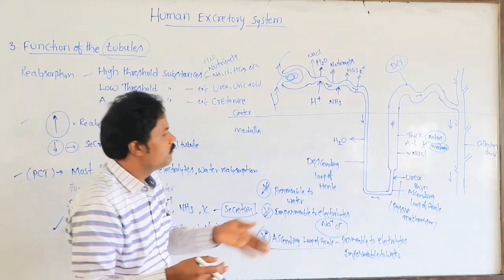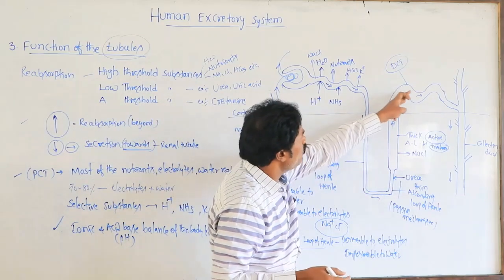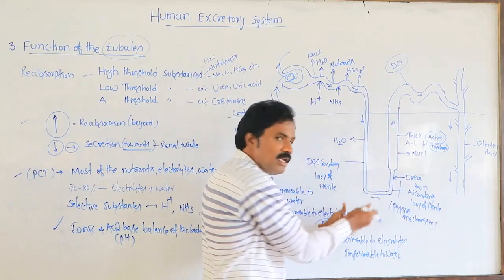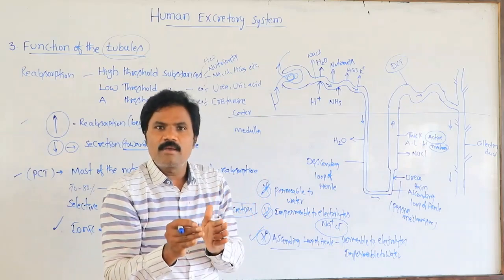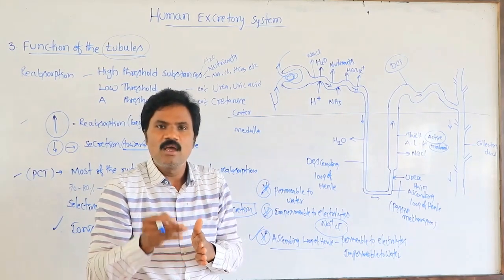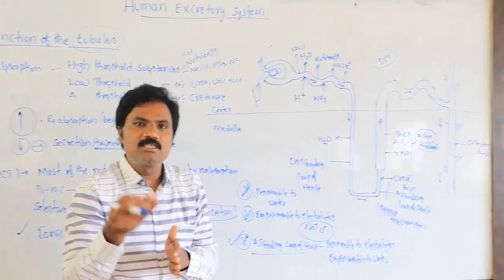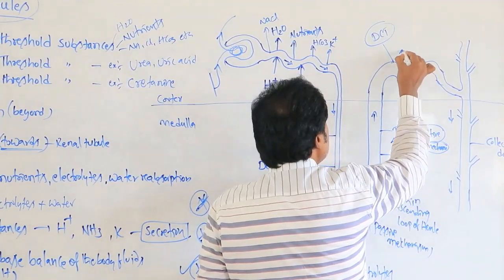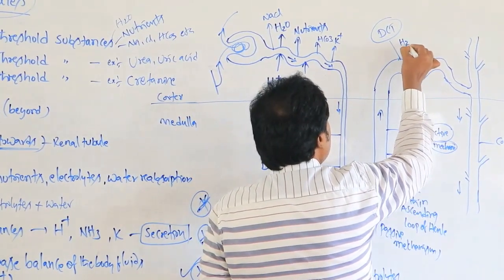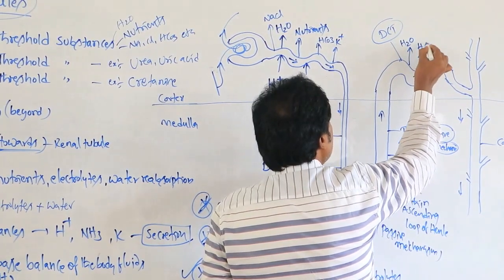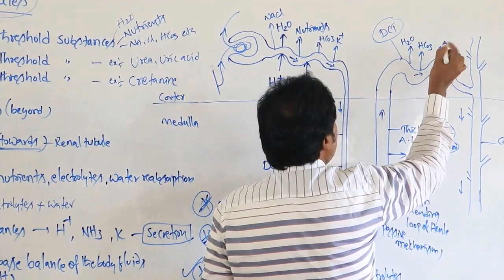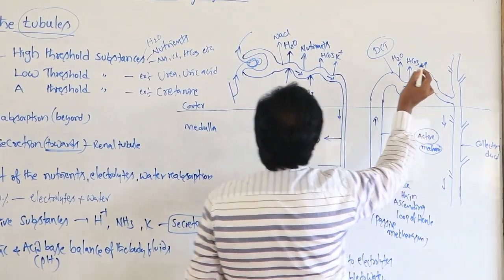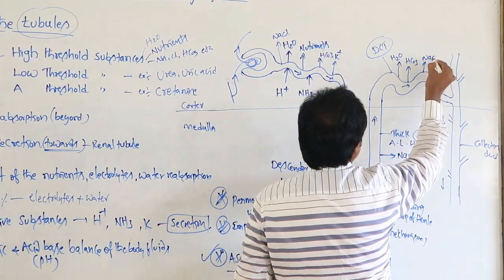That is reabsorption. Then when we go to the DCT, the distal convoluted tubule, here also it maintains ionic balance, because particular secretion takes place, along with the pH balance of the body fluids. Then what type of substances? There is reabsorption of water, bicarbonate and sodium chloride.